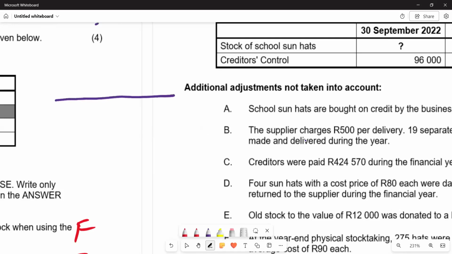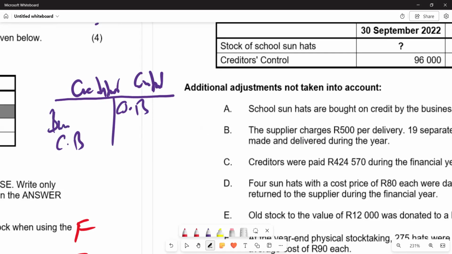So let's just say this is our creditors control, that's where I find the figure for purchases. Remember the opening balance of creditors will be on the credit side, the closing balance will be on the credit side. And then what was paid during the year for creditors comes as bank on the debit side, and the figure for purchases will come on the credit side.